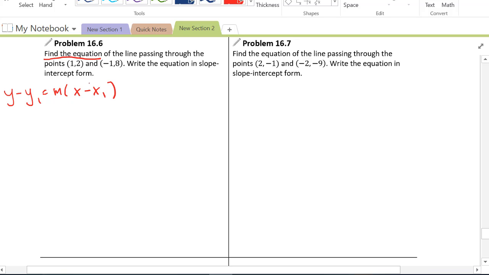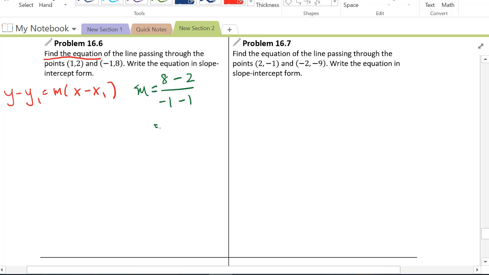But remember, we need to first figure out the slope. So let's find the slope. So m is equal to y2, which is 8, minus y1, which is 2, divided by x2, which is negative 1, minus x1, which is 1.